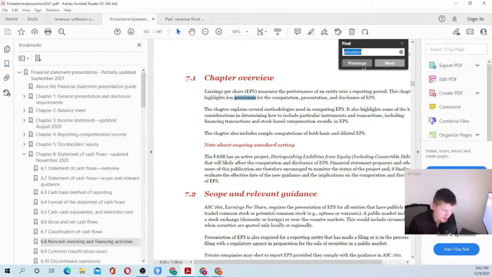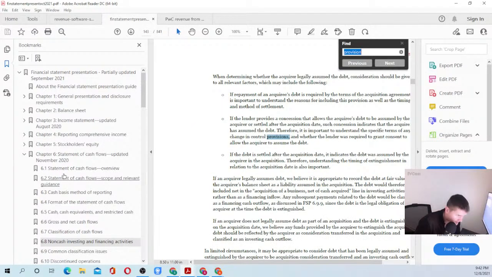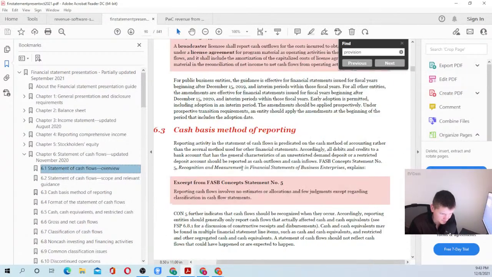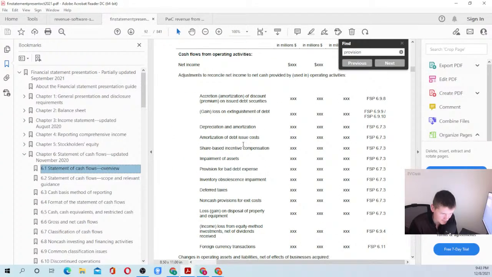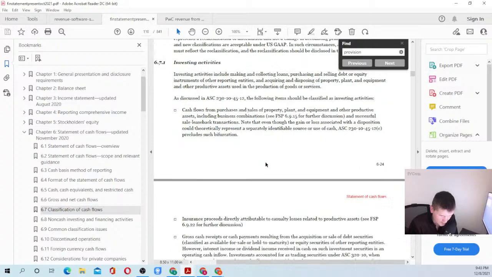Okay, there is too much mention of the provision here. Let's check a template first. A sample: amortization of discounts, gain loss on extinguishment, depreciation, amortization, impairment of assets, provision for bad debt expense. 673. Classification of cash flows. Let's try to search it by the word bad, maybe bad debt.